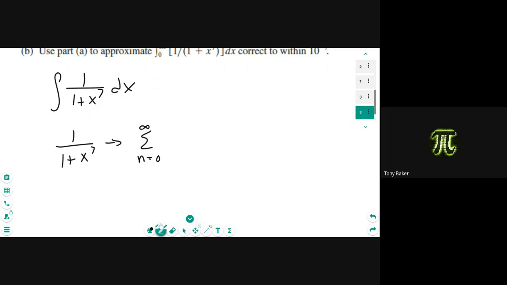Well, what's u? u is negative x to the 7th. And remember, u to the n is going to be over there. So that's negative x to the 7th to the n, which is negative 1 to the n, x to the 7n.